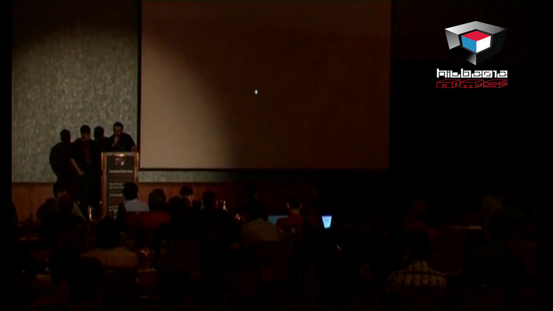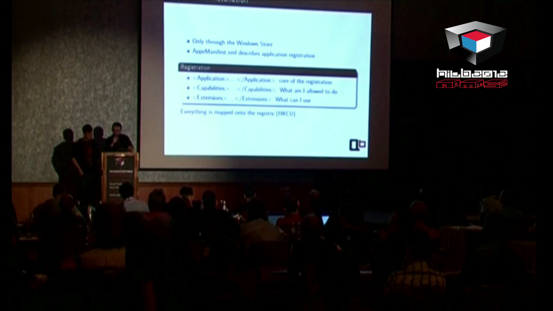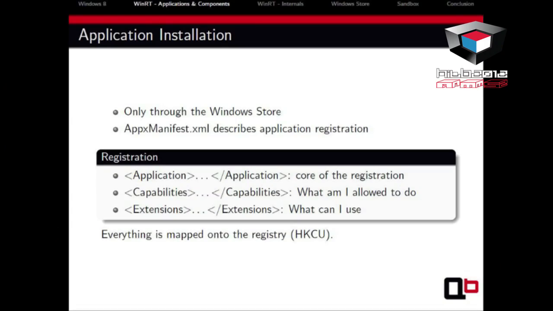Inside our manifest file, we have application, which is the core of the registration, capabilities, which tell what the application is allowed to do, and extensions, which are, for example, our DLL. So it tells what the application can use. As we said previously, everything is mapped onto the registry in the HKCU key.